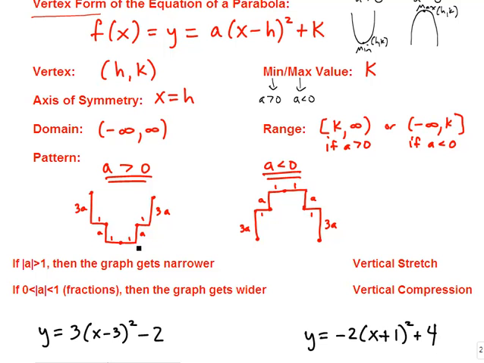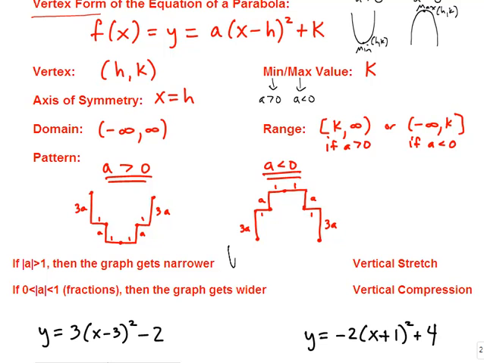Then the pattern that we talked about earlier is going to change slightly. Instead of going over 1, up 1, over 1, up 3, because we have this a out front, we're going to have what's called a vertical stretch or a vertical shrink, or sometimes it's called a vertical compression. And what that does is it affects the steepness of your graph. If this number a is bigger than 1, like 2 or 3 or 5, then our graph will get narrower.